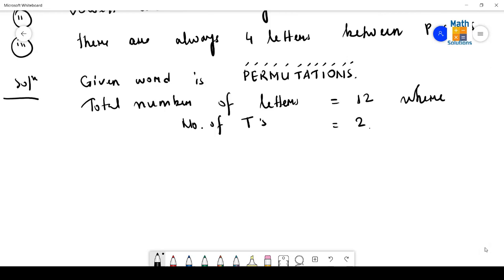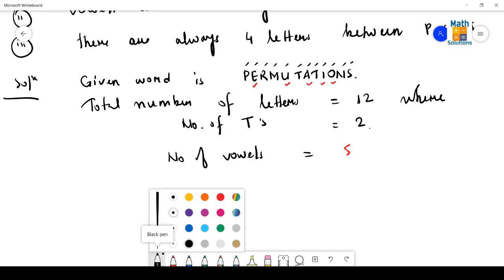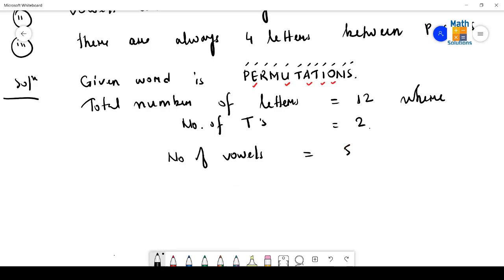And how many vowels do we find here? Number of vowels is equal to, let us check. This is one vowel, second vowel, third one, fourth one, fifth one. So all 5 vowels are occurring here. So the number of vowels is equal to 5 here. So after this, coming to the first part of this question.